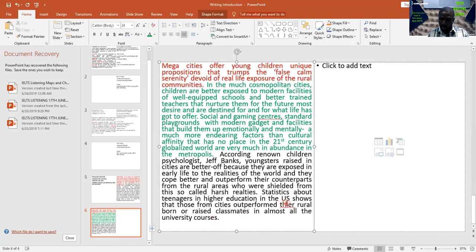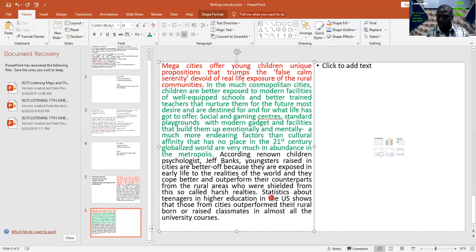So validation means I am connecting my point to my illustration. I have shown that cities are better, and I am citing an authority in this perspective to validate my point. The authority does not need to be accurate, but I've used it to buttress my point.